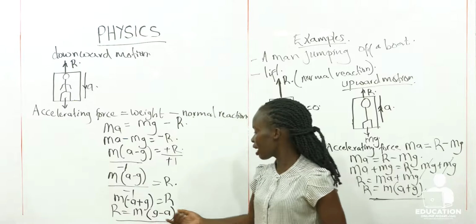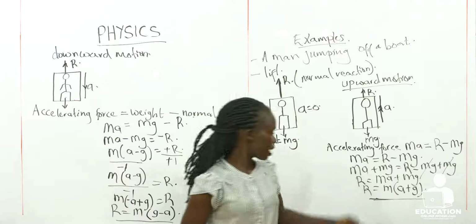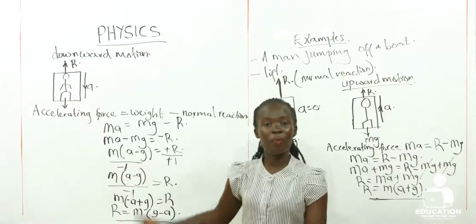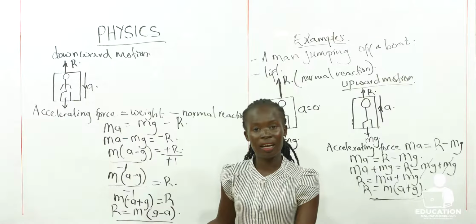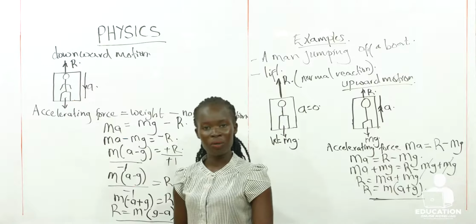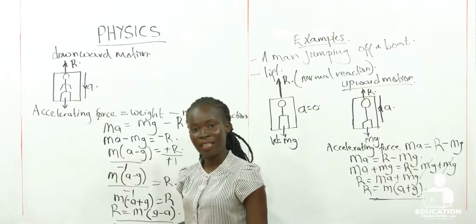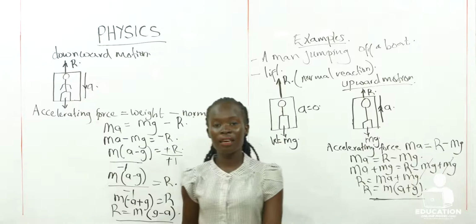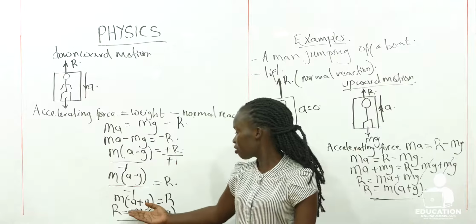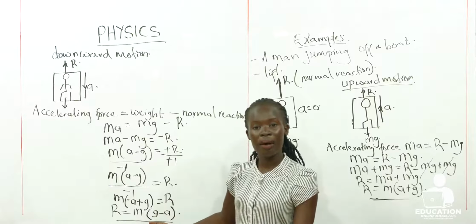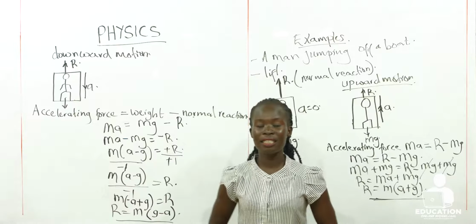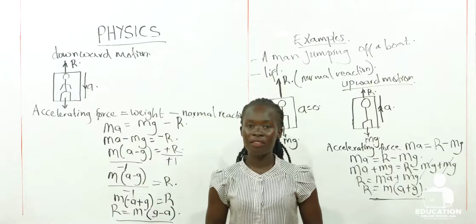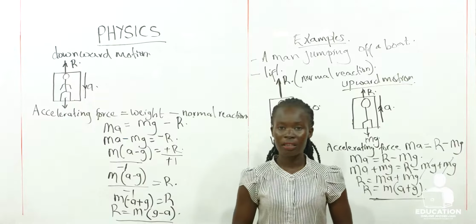When you subtract the accelerating force here and add it there, the person is going to feel much lighter. So as the lift is coming down, this is why you feel light: the reaction offered by the lift only gives you the weight, and then subtracts the force at which the lift is accelerating downwards.